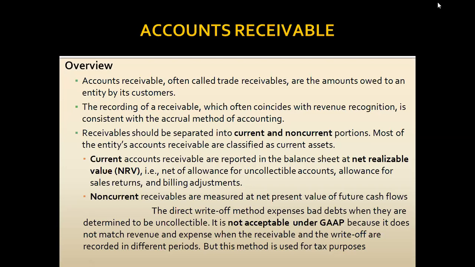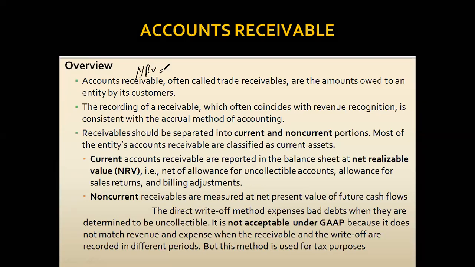Simply, I'll explain the formula for NRV here. The net realizable value of accounts receivable we calculate from the gross accounts receivable. We subtract the provision for bad debts, allowance for sales returns, and any kind of billing adjustment from the gross accounts receivable amount in order to get the net realizable value.